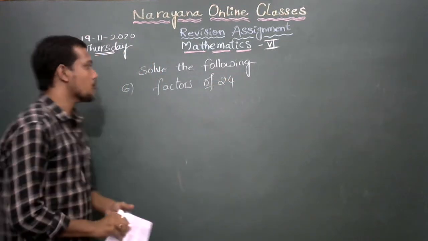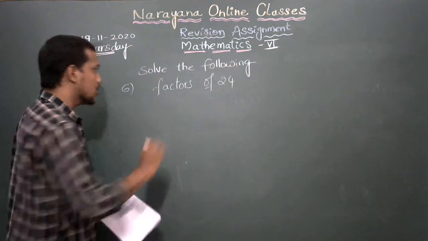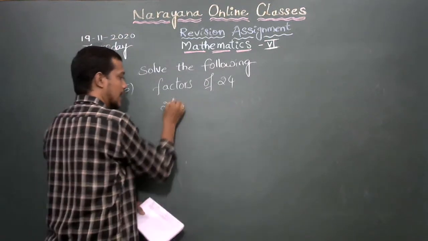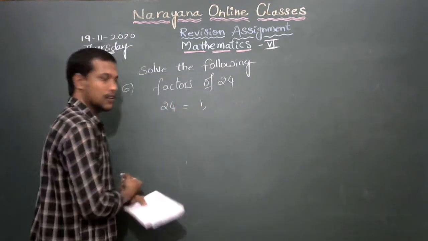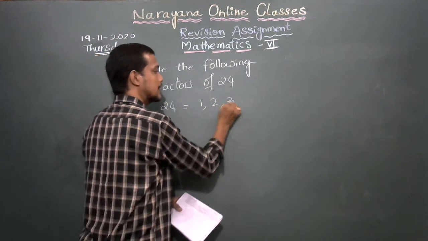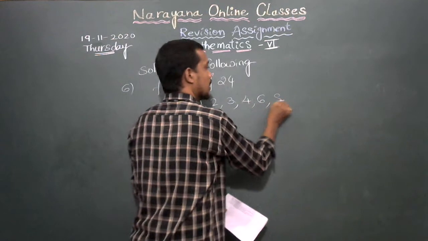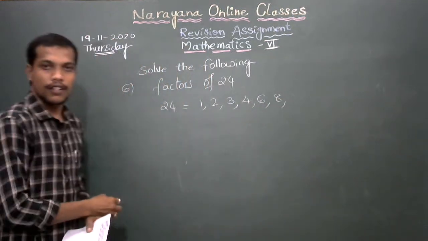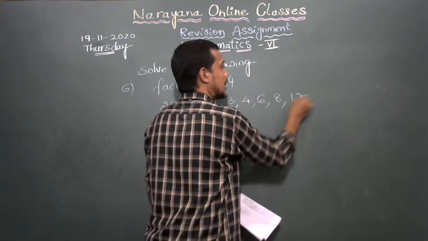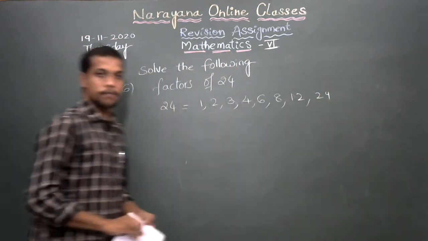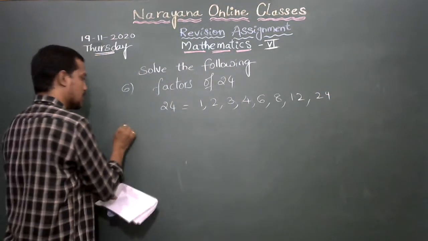Now the factors of 24 are 1, 2, 3, 4, 6, 8, 12, 24. Okay.